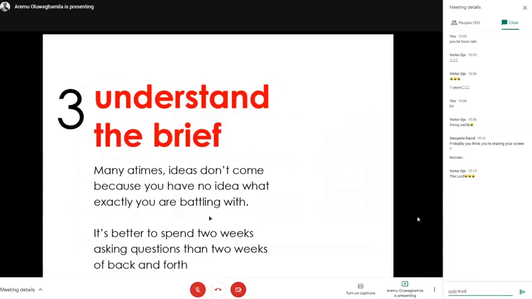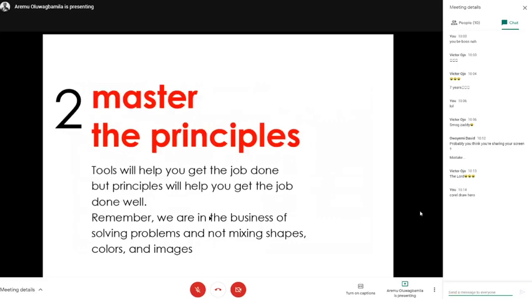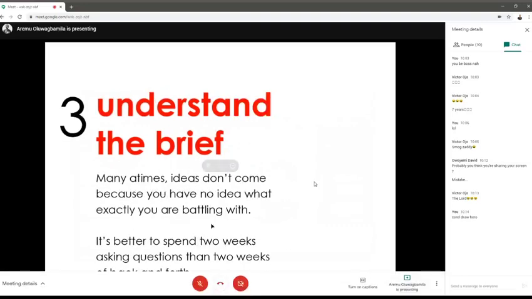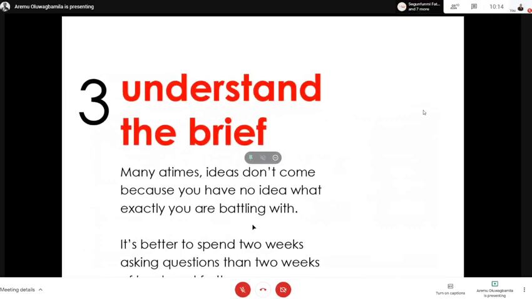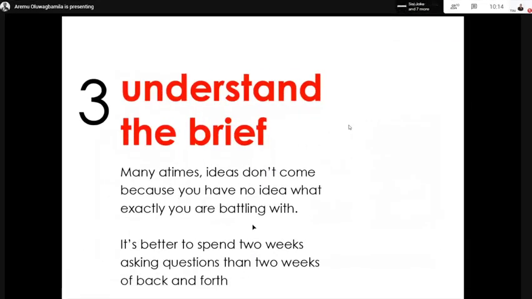You need to understand the problem that you are solving before you're able to come up with an idea to solve the problem. Like I said, there's something I noted here. I said, remember, we are in the business of solving problems and not mixing shapes, colors, and images. What that means is, if you don't understand the problem, you cannot come up with a fantastic idea and design a flyer that people that want to buy the pop-pop of Uncle Shola will say, wow, I need to have a taste of this pop-pop.